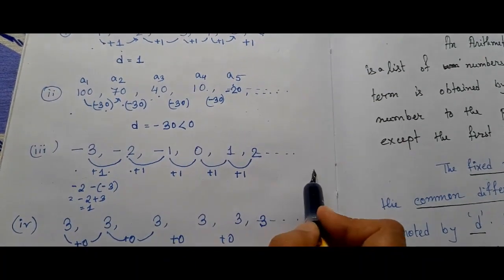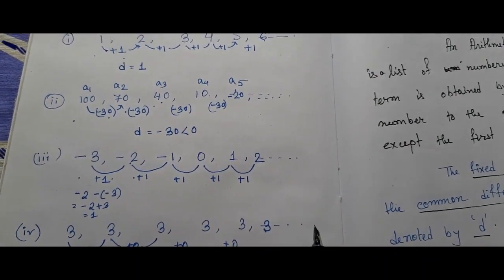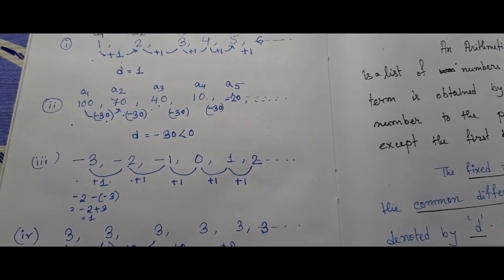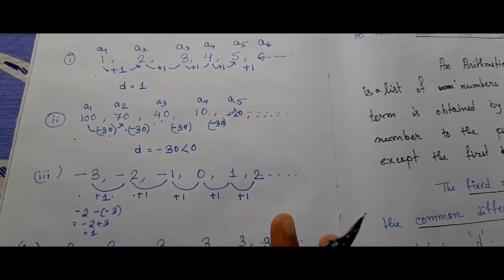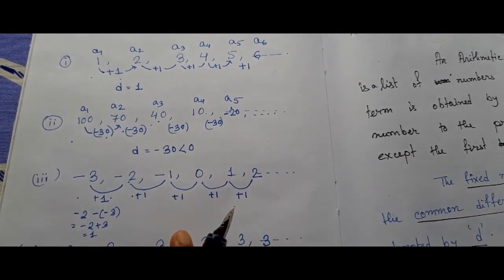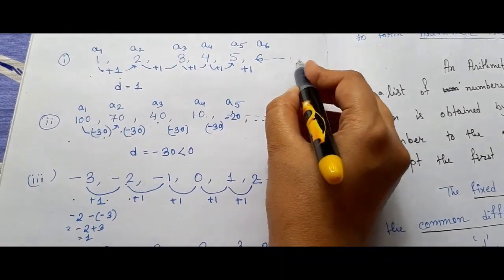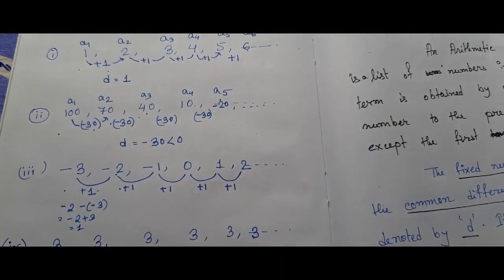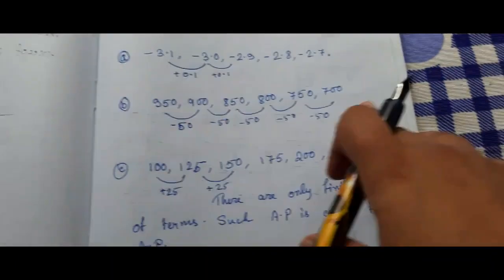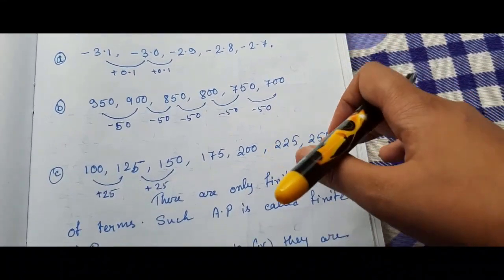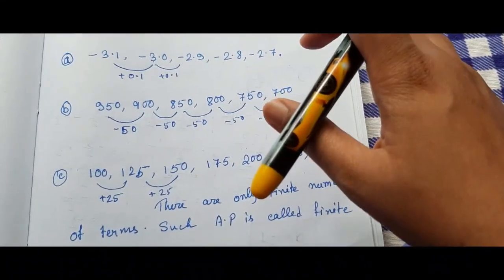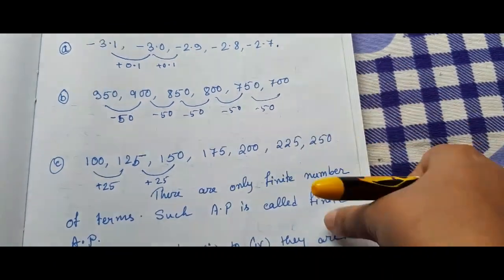The dotted line represents that this sequence is going on. That's why these are examples of infinite AP, okay. So if the dotted line is here, this represents infinite AP, and since here there are only 5, 6 and 7 terms, this is finite AP, okay.